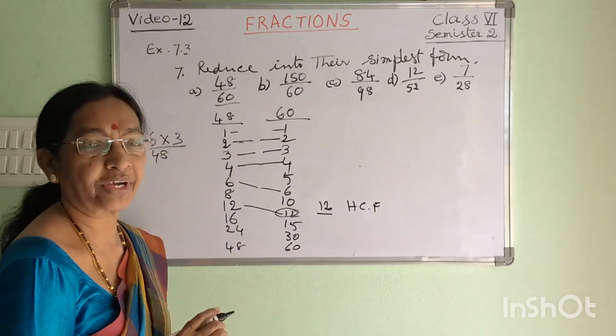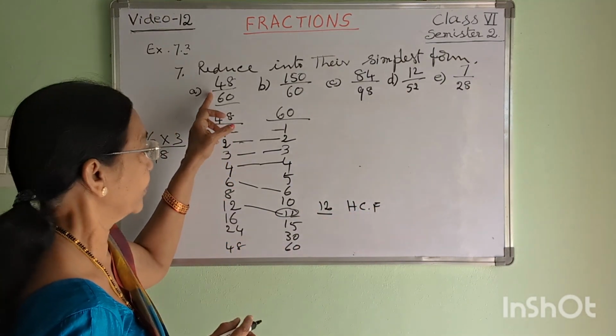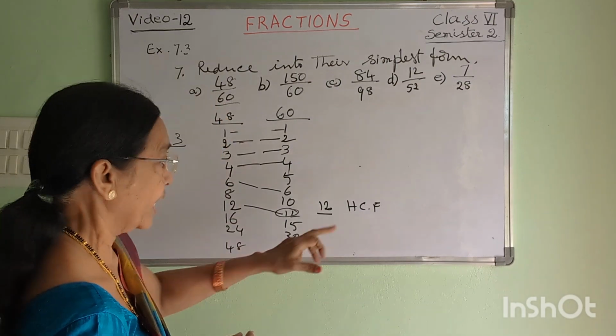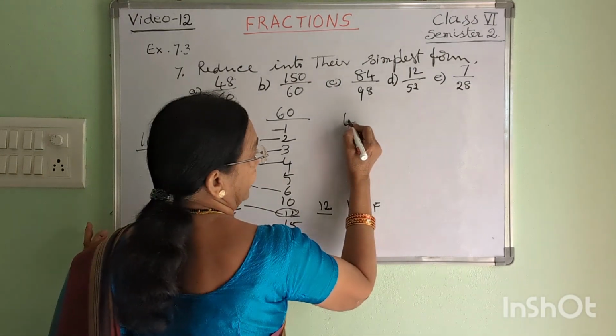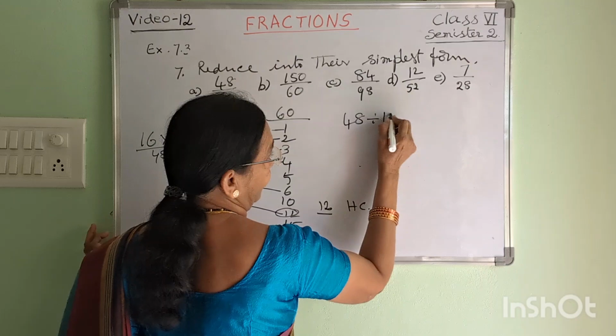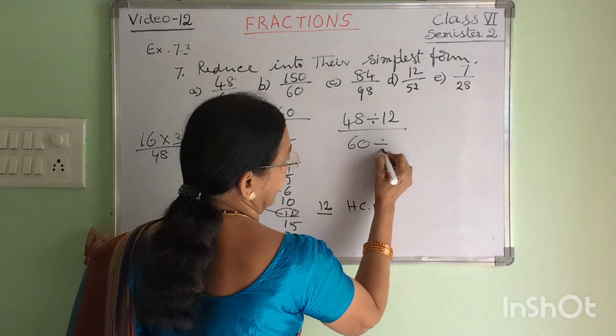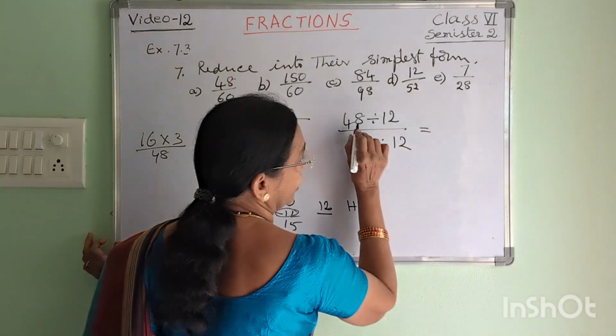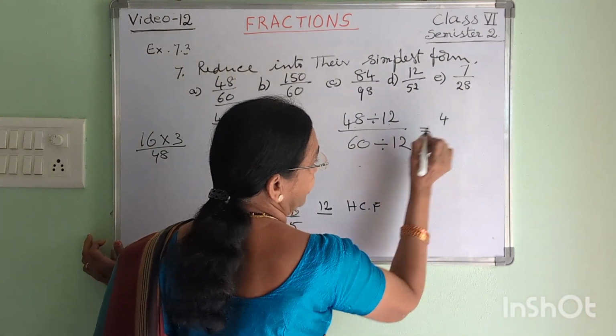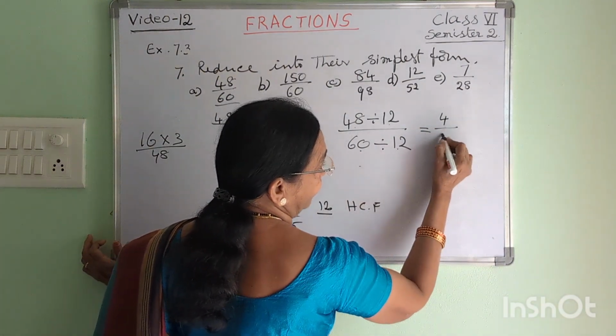Therefore, we will divide both the numerator and denominator of this fraction by 12. 48 divided by 12 is 4, 60 divided by 12 is 5.